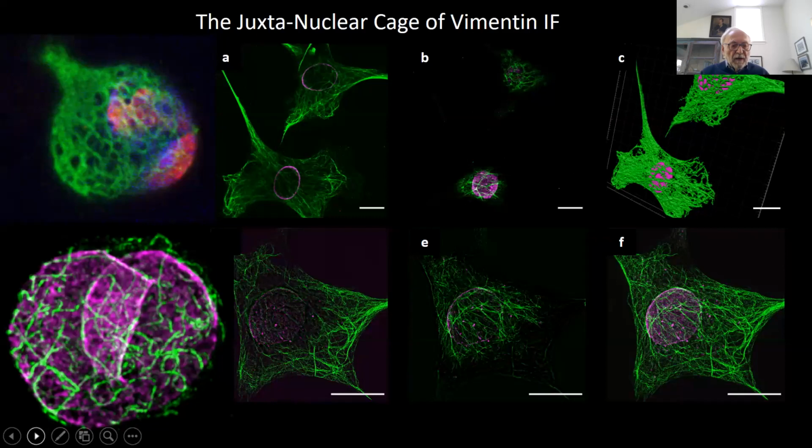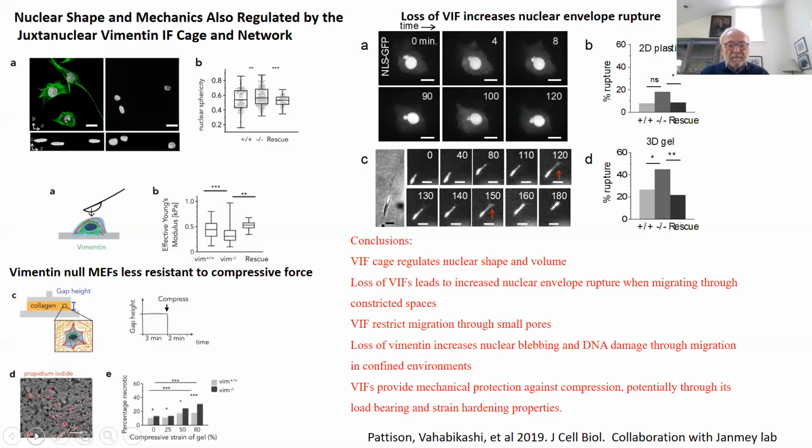So in collaboration with Paul Janmey, and Alison Patteson, who's now a professor in physics at Syracuse University, and Paul, of course, is at Penn, and Amir Bahabakashi in our lab, we've been able to demonstrate that the cage of Vimentin is critical in many aspects of nuclear morphology. For instance, the shape of the nucleus is influenced by the Vimentin cage on the outside.